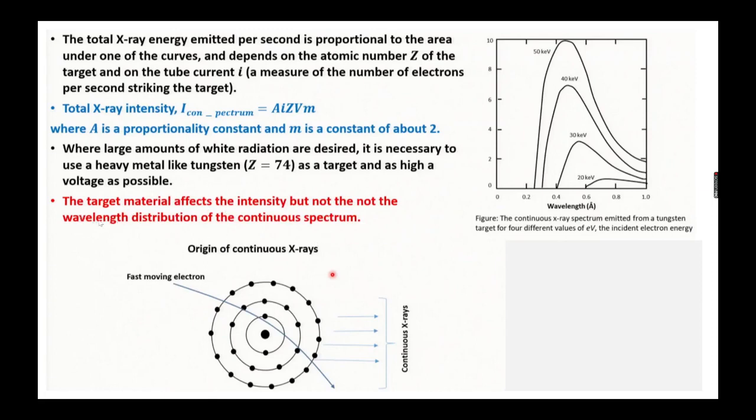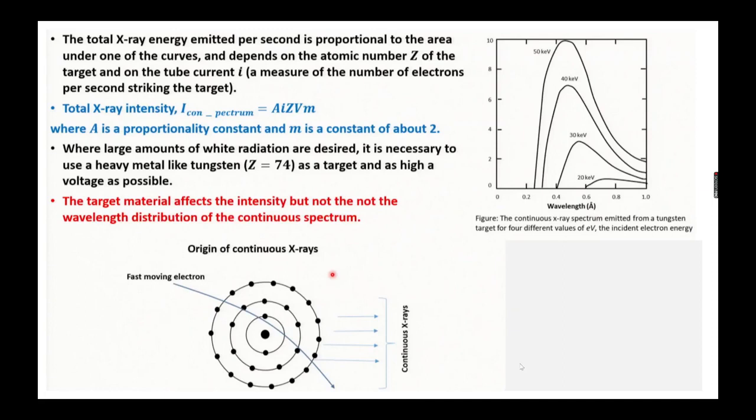Here it is saying that when we use any target material, the target material affects the intensity. Suppose we use a lower atomic number, then whatever intensity we get will be different.